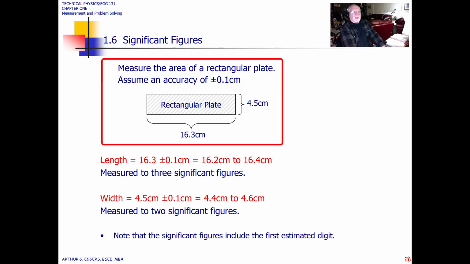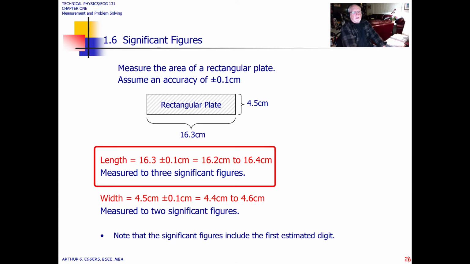So on the long side, our length, using our accuracy that was given to us, plus or minus 1/10 of a centimeter, the length is 16.3 plus or minus 1/10 of a centimeter. So we have a range here. The range is 16.2 centimeters to 16.4 centimeters in terms of the measured three significant figures for accuracy.